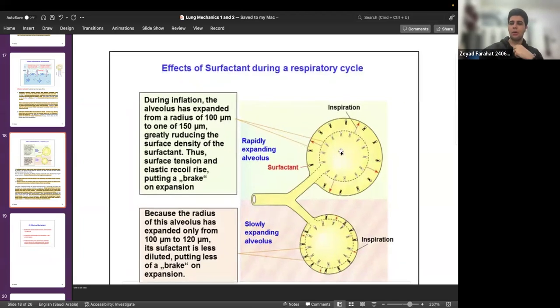Why is this important? Because if, for example, one of these expands without a limit and the other is blocked, the air is shuffled from this one into that one. And again, why is that important? Because geometrically, two expanded alveoli are better than one large and one small alveolus. This is because the exchange happens at the surface of the alveolus.